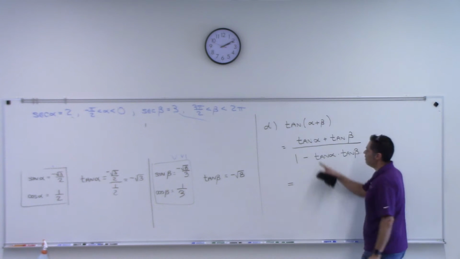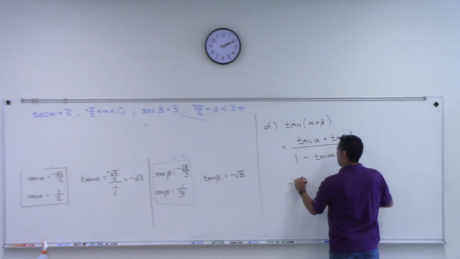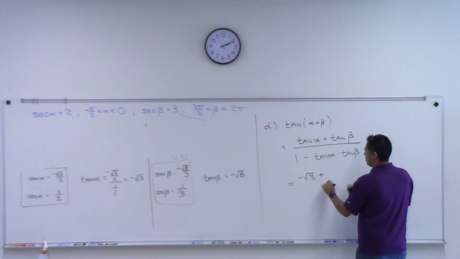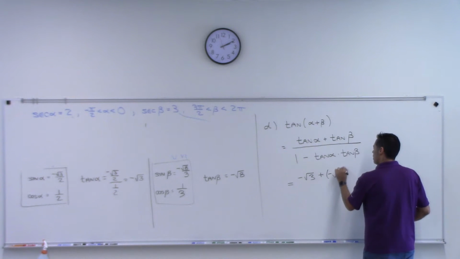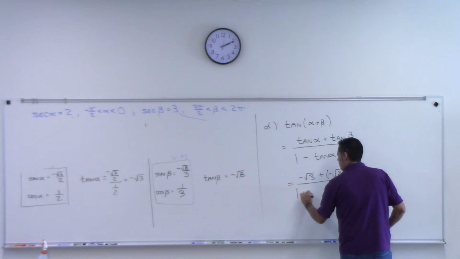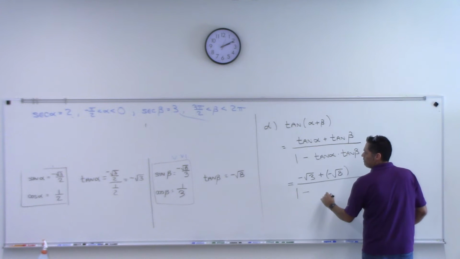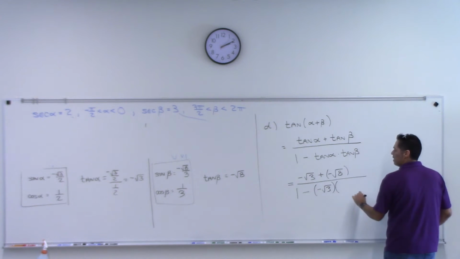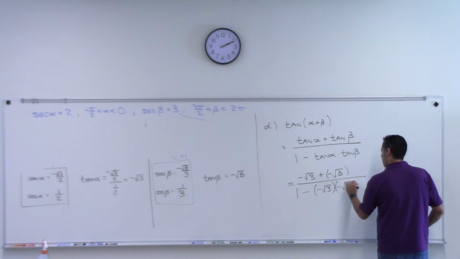Now I come back over here, tangent of alpha, negative root 3, plus tangent of beta, negative root 8, over 1 minus tangent alpha, which is negative root 3, times tangent beta, which is negative root 8. That's a lot of negatives.